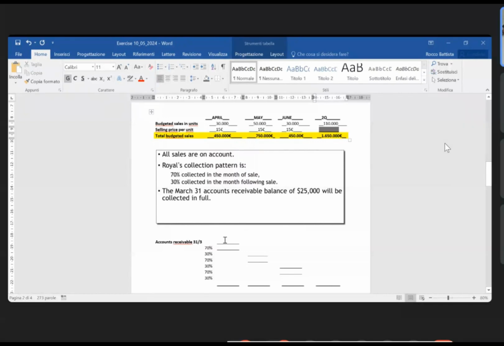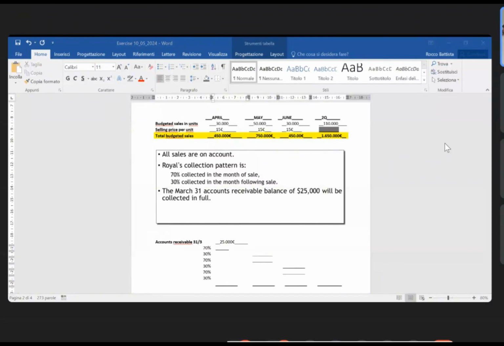So start with the first information you have, 25,000 euros. After that, we are interested in the quarter April to June. In April, we know that we have 450,000 euros of budgeted sales, but just 70% is collected in the month of sales.